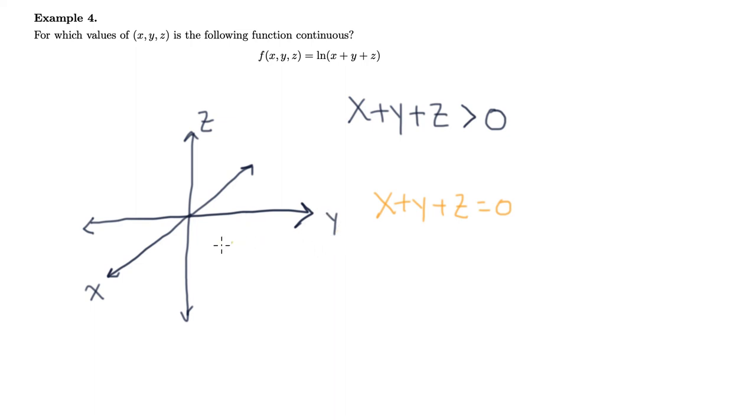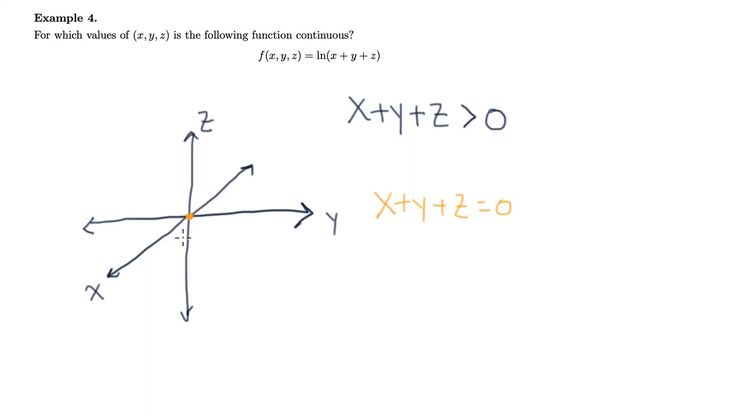Okay, so where is this plane? Well, notice that when x and y are both 0, we're going to pass through the origin, right? Because if x is 0, y is 0, and z is 0, x plus y plus z is equal to 0. Okay, so we have a point like that. And I'm going to use the fact here that 3 points will define a unique plane.